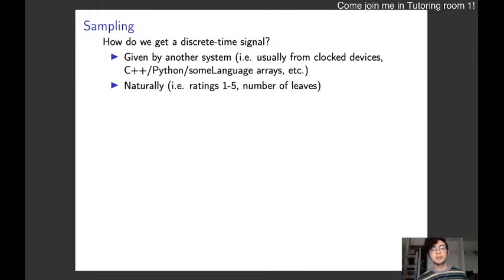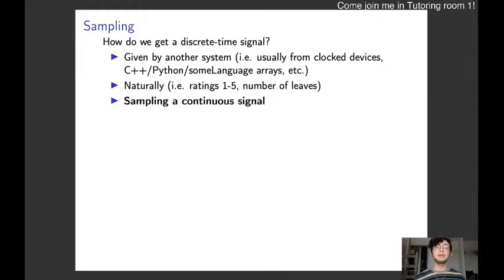We might ask someone to rate something from 1 to 5, or count quantities of something at regular intervals, like the number of leaves. That would also be a discrete signal, because we can only have values that are integers in a range, say 1 to 27. But the more important one that we are going to talk about is sampling.